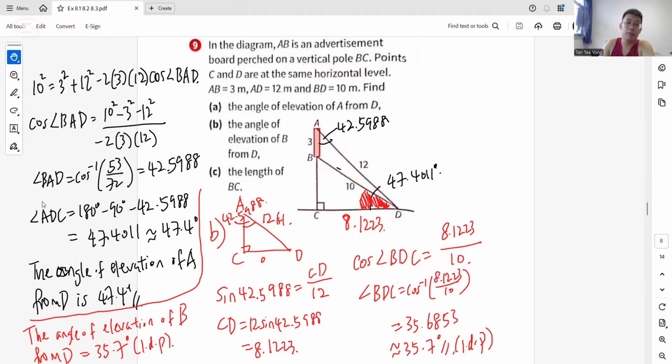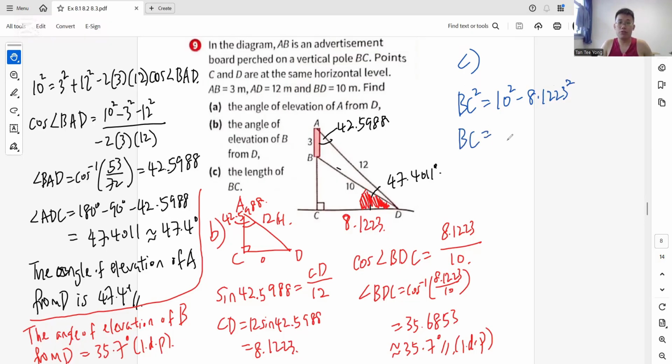Part C in blue. So the length of BC. Very easy already, because we have already found CD and BD. BC is just a usual length, so we can just use Pythagoras' theorem. BC squared equals 10 squared minus 8.1223 squared.